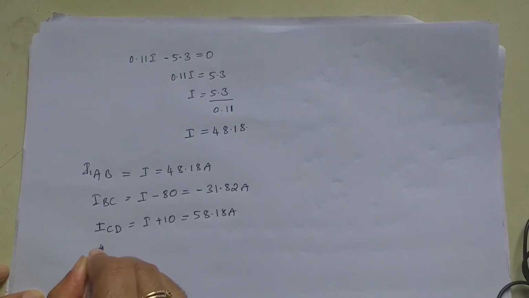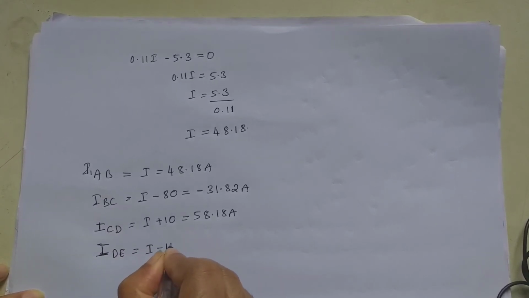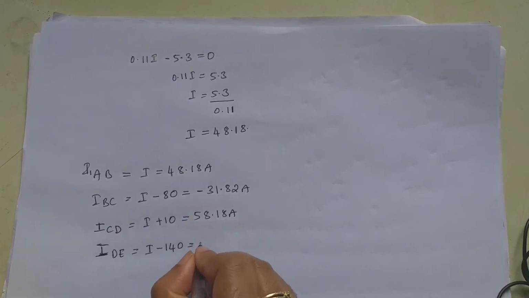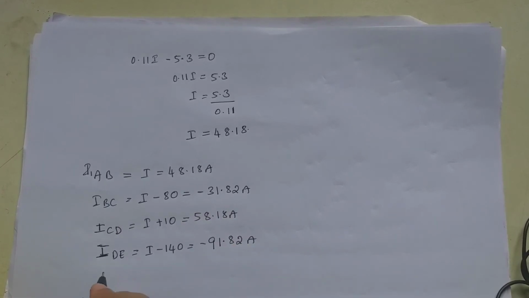The current through branch DE, IDE, is I minus 140, which is minus 91.82 amperes.